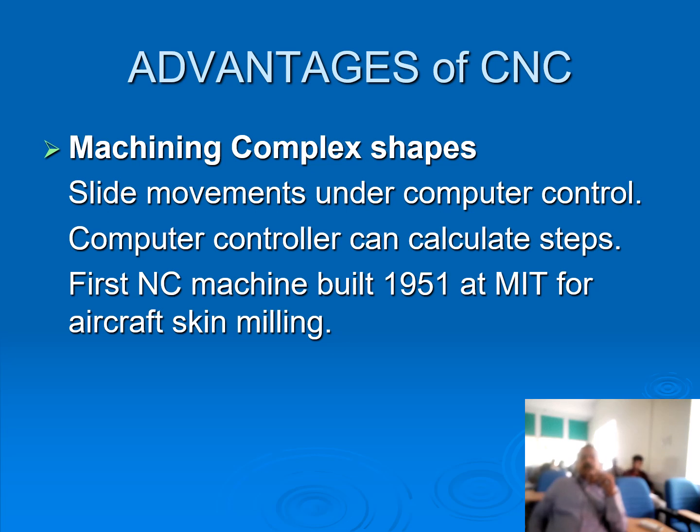And as you have already seen with the aircraft turbine, complex shapes can be easily manufactured. Slide movements under computer control are possible. The computer controller can also calculate the steps. The first NC machine was built in 1951 at MIT for aircraft skin milling.